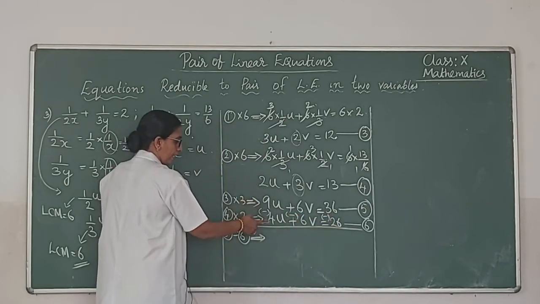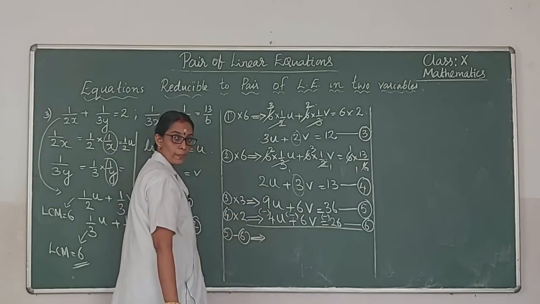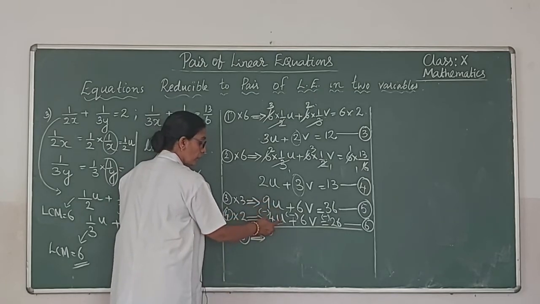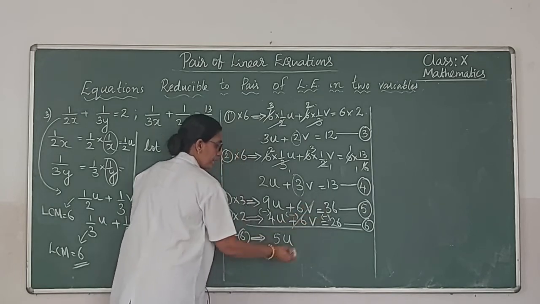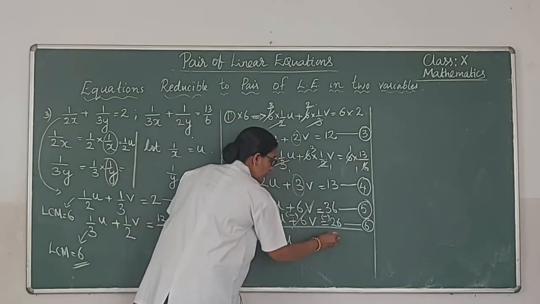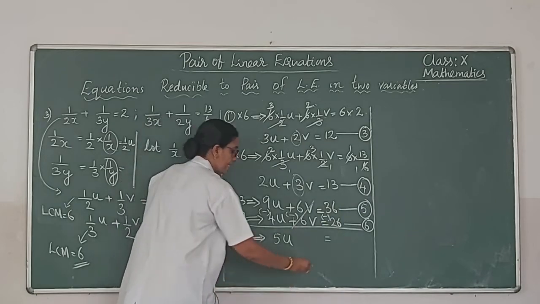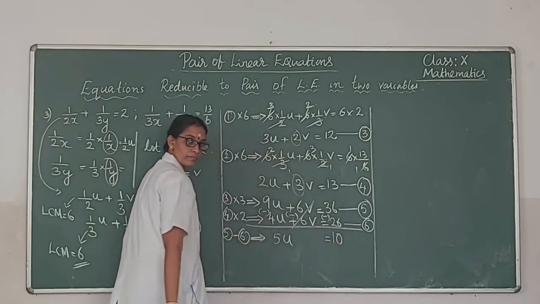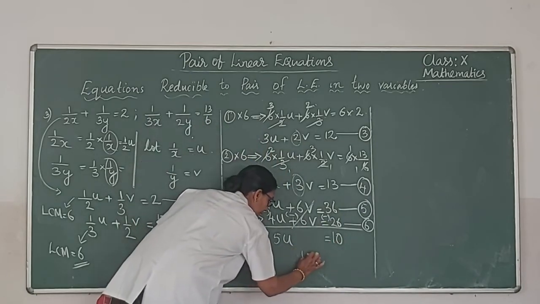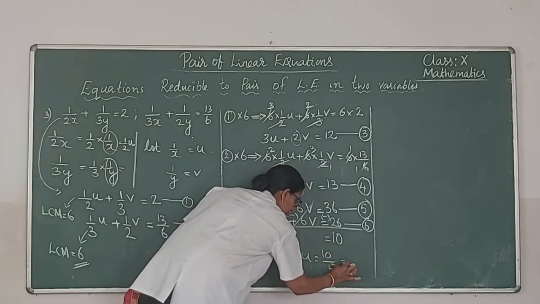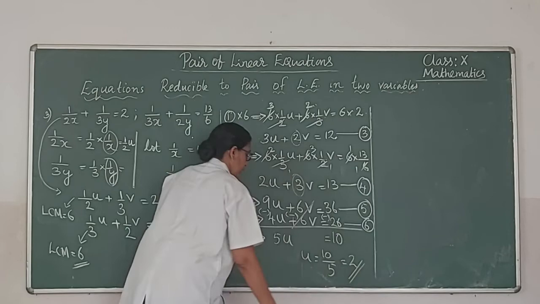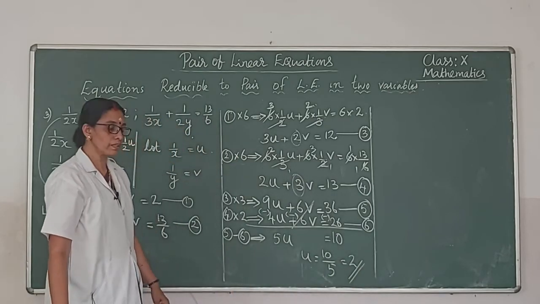So 9u minus 4u is 5u. Then the v term will eliminate, equal to 36 minus 26, which is 10. So u equals 10 by 5, which is 2. So the value of u is 2.